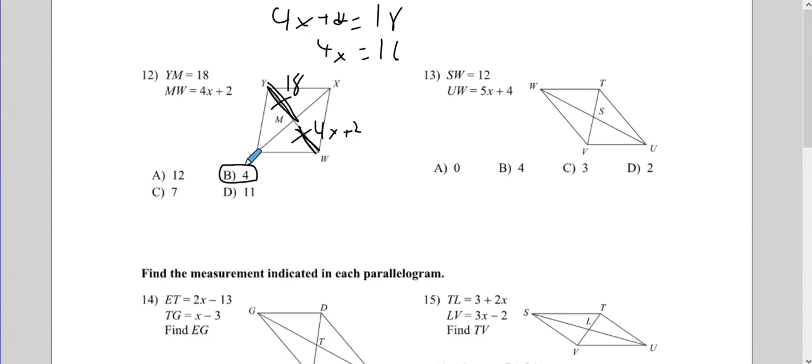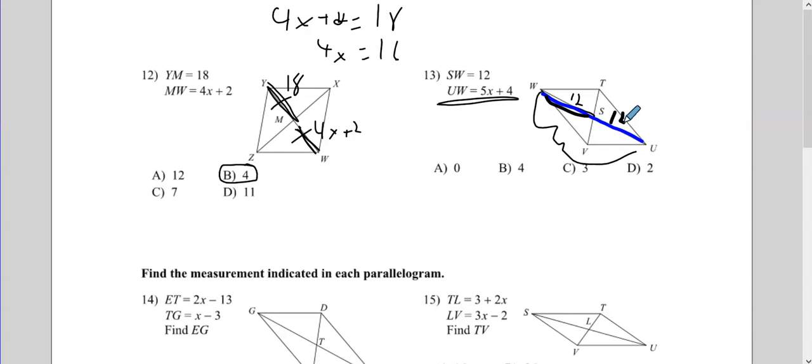Okay, now careful here. SW, that's this piece right here, is 12. Now careful, UW is this entire length here. I'll do it in a different color. That's this, the whole piece. Okay, so what we have to do is think a little bit of common sense here. If we know this is 12, and we know the lines bisect each other, that means this is 12.